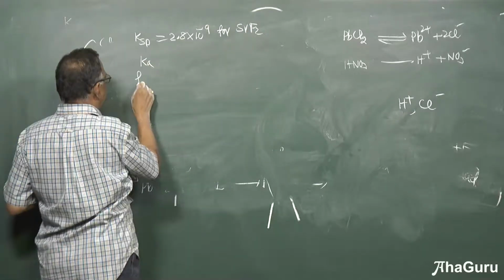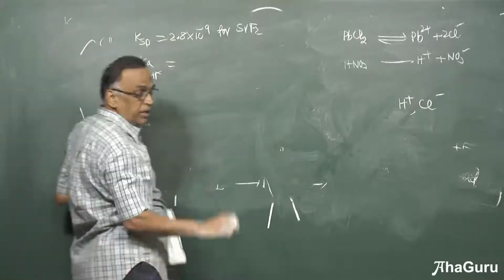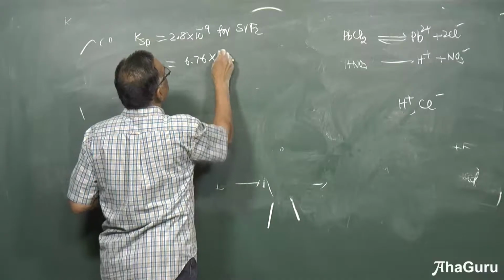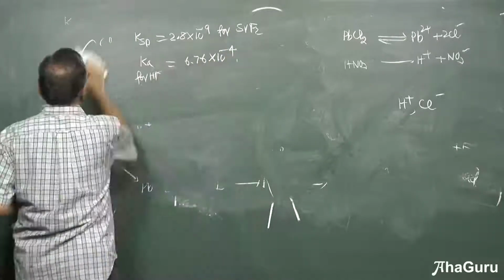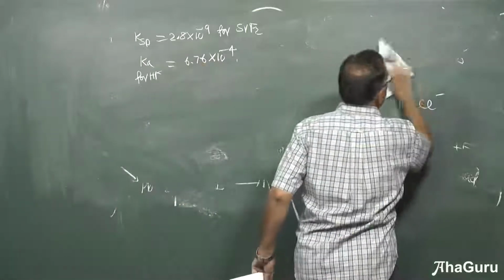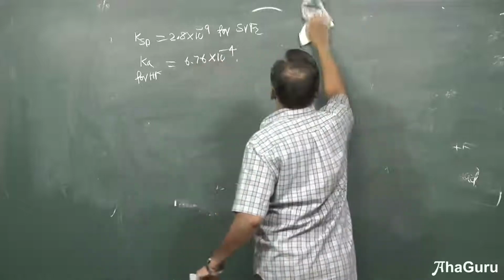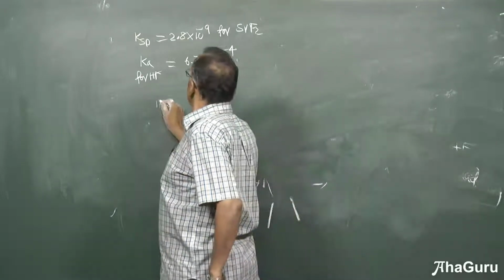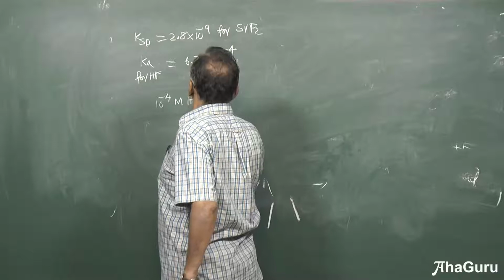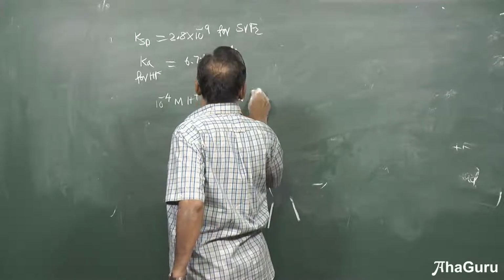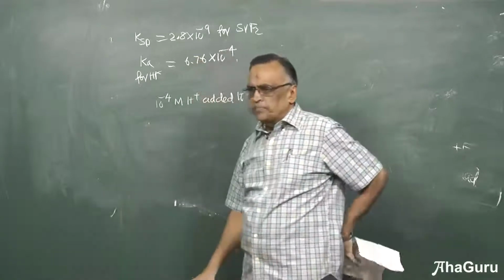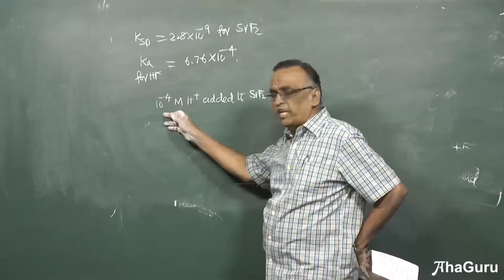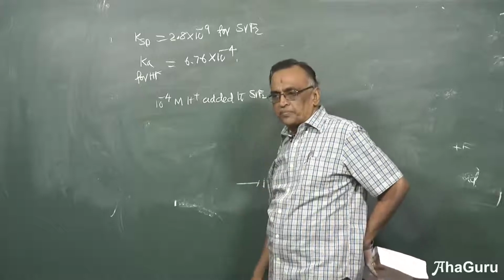Ka for HF is 6.76 × 10^−4. And what you are adding? Correct? pH 4 means what? 10^−4 molar H+ is added to SrF2. Right?